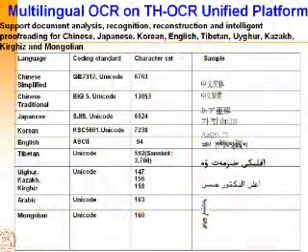The next is multi-language character recognition. Here are all the languages we have done recognition for: simplified Chinese, traditional Chinese, Japanese, Korean, English, Tibetan, Uyghur, Kazakh, Arabic, and Mongolian. There are many different languages with different shapes.